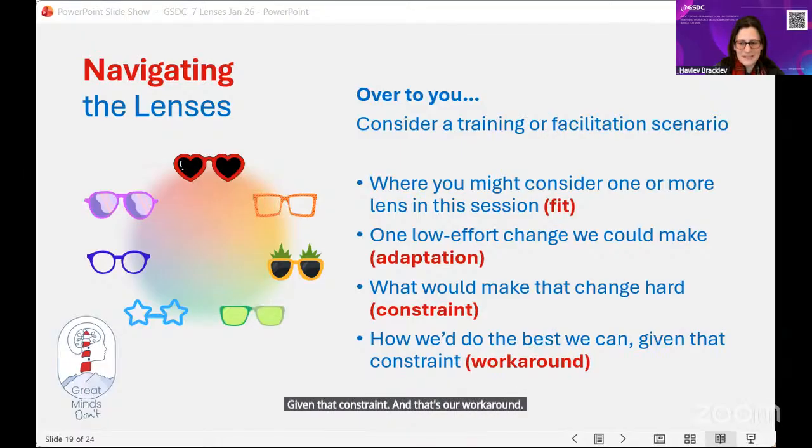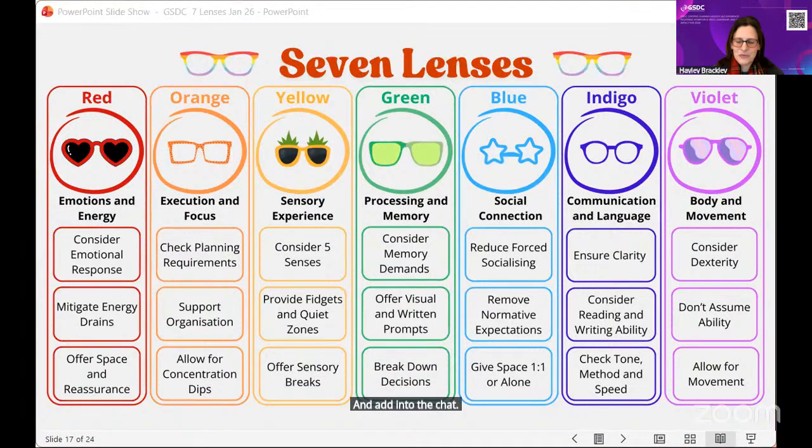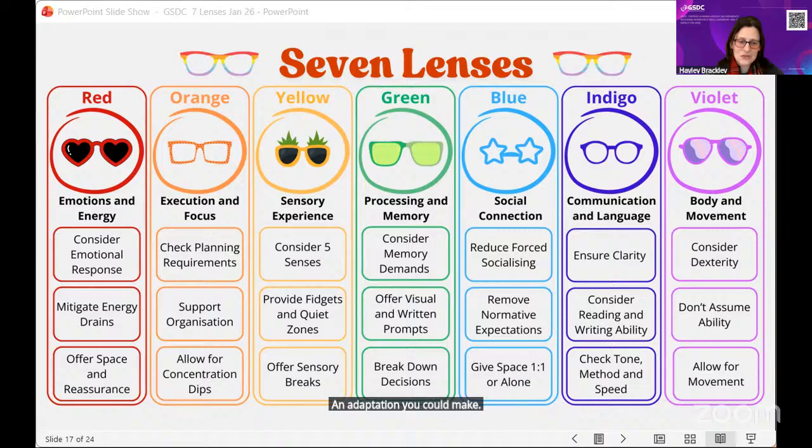So I would like you to join in and tell me. I'm going to put the 7 lenses back up for you so that you can see, and add into the chat the prompt that I gave you: the fit of one of the lenses in your facilitation space, an adaptation you could make, a constraint you might face, or a workaround.